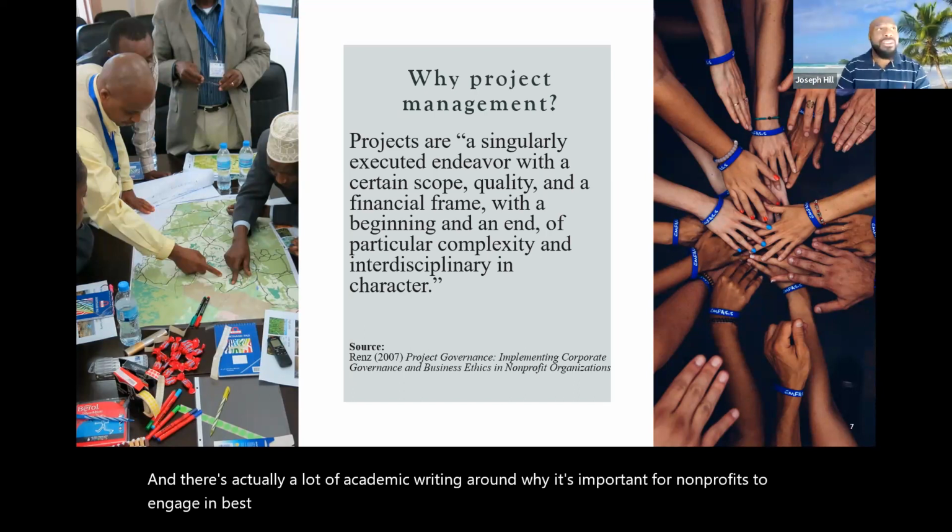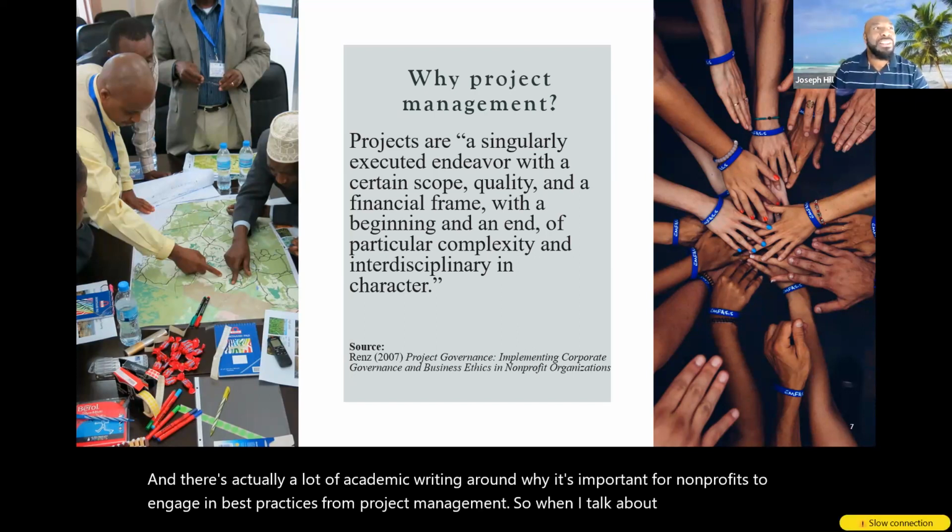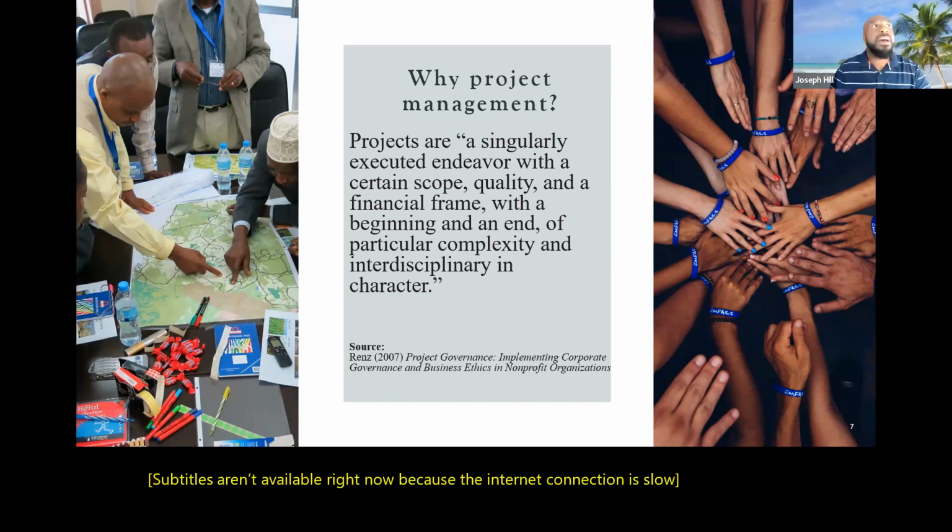So when I talk about this thing that we're aiming to have in our communities, and learn how to manage and learn how to do better, I'm going to be using definitions from project management and perspectives and exercises from project management. All right.